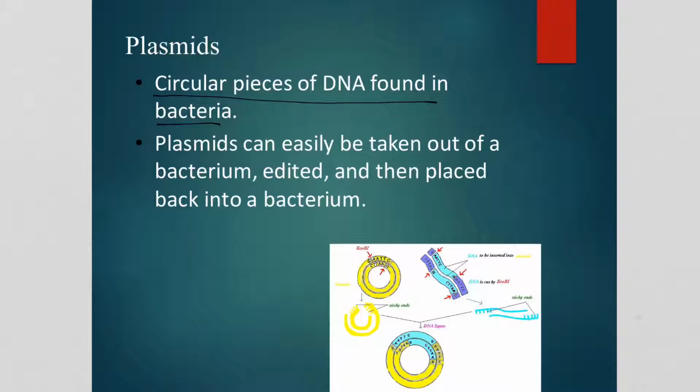If you remember, our DNA is a double helix shape. Bacteria have that same DNA, but oftentimes they also have a piece of DNA that comes in the form of a circle. We call that a plasmid. Plasmids are important because they can be taken out of bacteria and put back into bacteria. That makes it really easy for us to take a plasmid out of a bacteria, edit it, and then put it back into a bacteria cell.